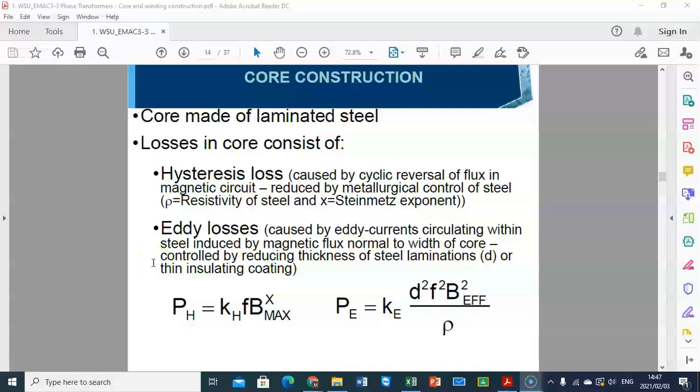And then we have also the abbreviation CRGO in the next slides, and that stands for cold rolled grain oriented steel, and it's going to be used to reduce the hysteresis losses. And the disadvantage of that steel is the problem that it is expensive.